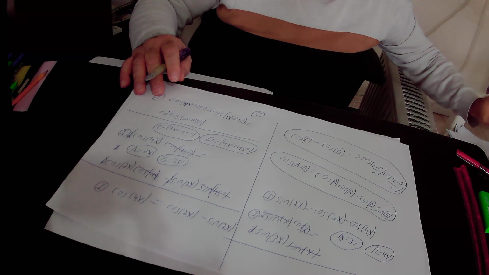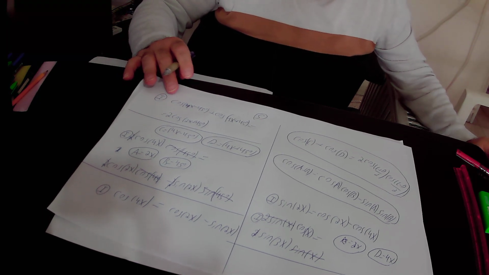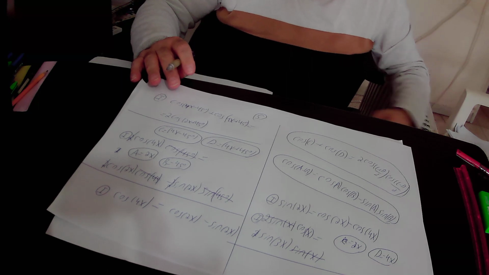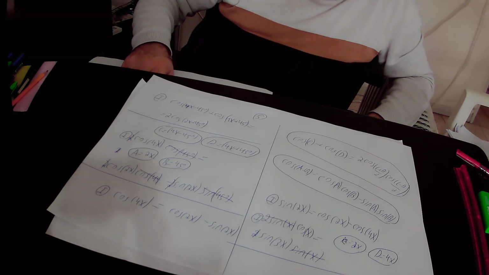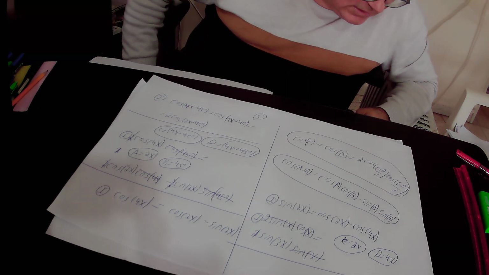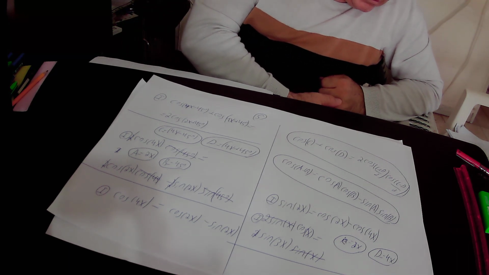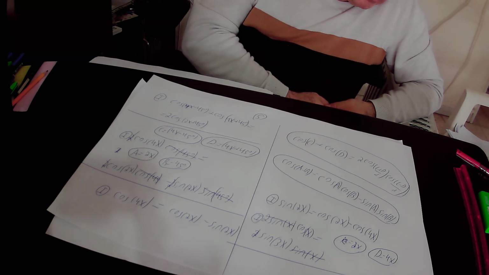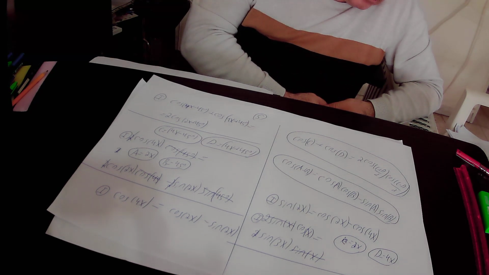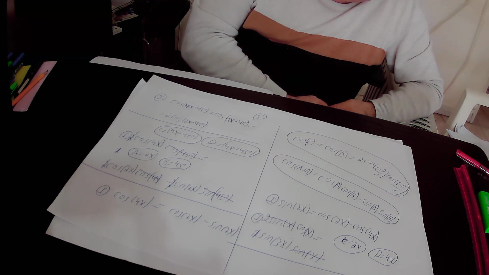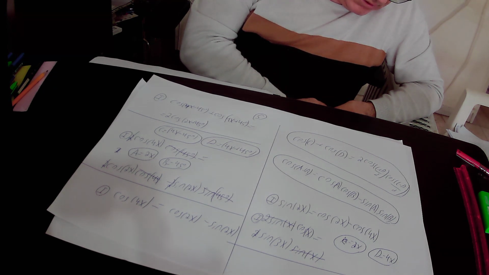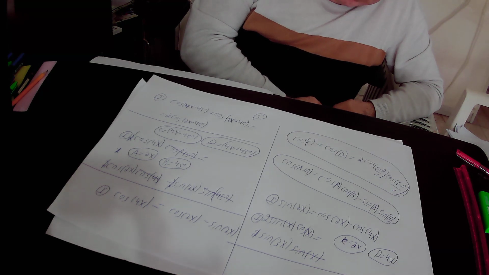And here, this expression cosine 4x minus 45 degrees plus cosine 4x plus 45 degrees is very similar to the trigonometric identity that cosine c plus cosine d equals 2 cosine c plus d over 2 times cosine c minus d over 2. And the expression 2 cosine 2x plus 45 degrees is very similar to the expression that cosine a plus b equals cosine a cosine b minus sine a times sine b.